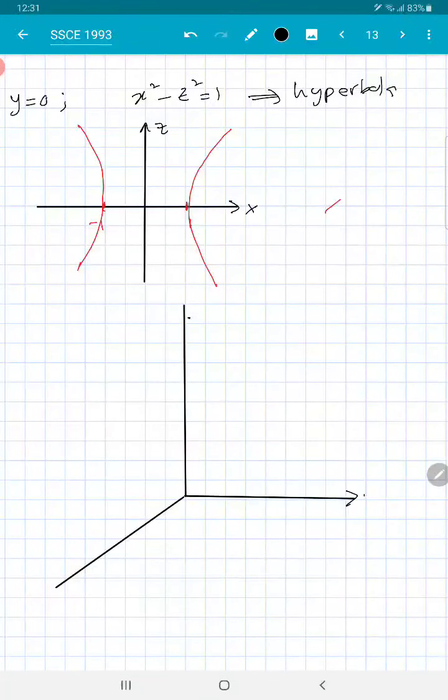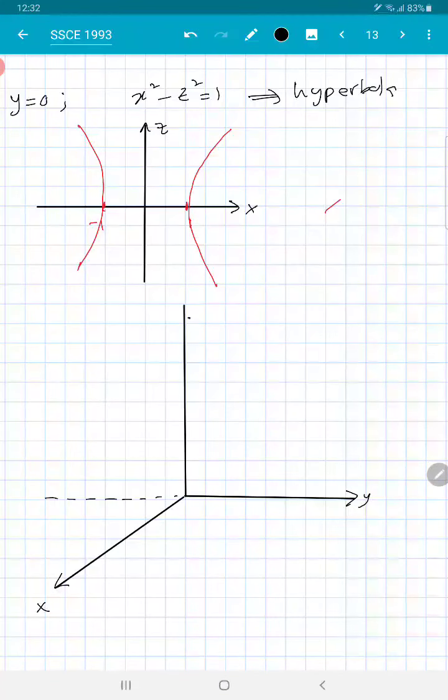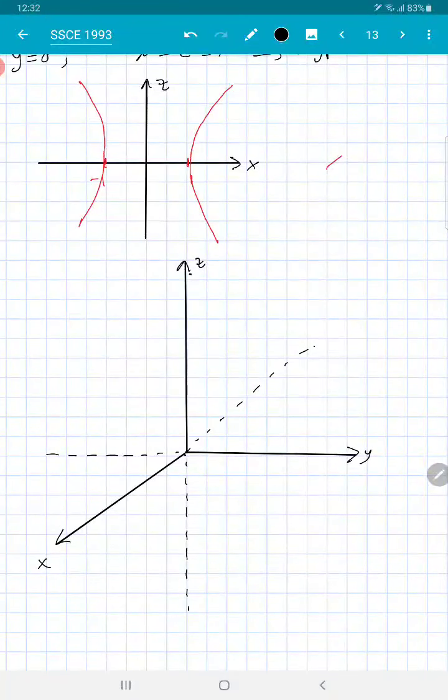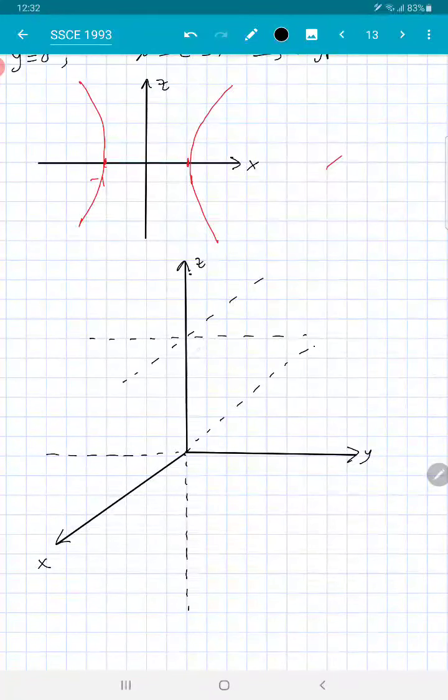Here we have negative y, and here we have negative x, and here we have negative z. Okay, remember for z, we plot 3 level curves. One is for z equals 0, and the other ones are for z equals 1 and negative 1. Let's say that is z equals 1. We have 1, 2, 3, 4, 5, 6. Okay, this is z equals negative 1.